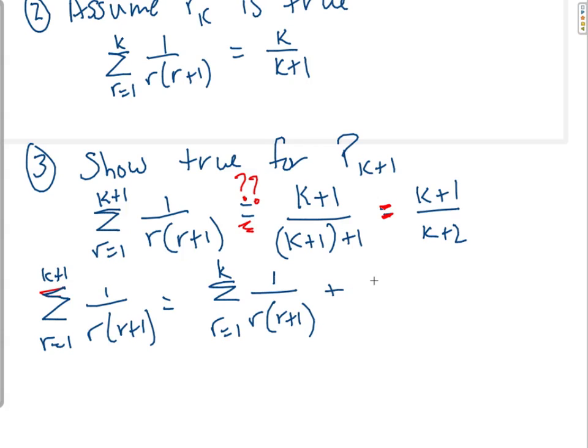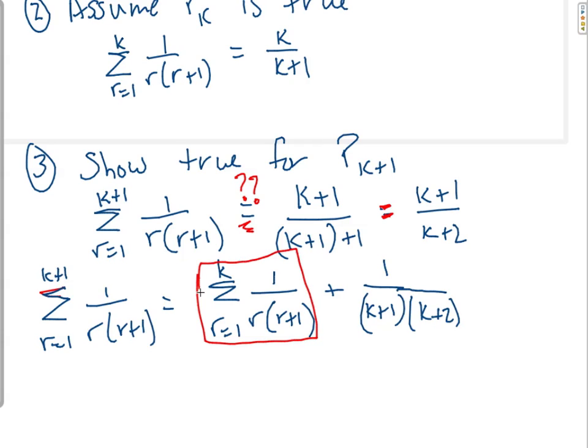My k plus 1th term will be 1 over k plus 1 plus 1, which is k plus 2. So this here is the summation all the way to k plus 1. This part here is my assumption. This is what I'm going to substitute right here, my assumption.